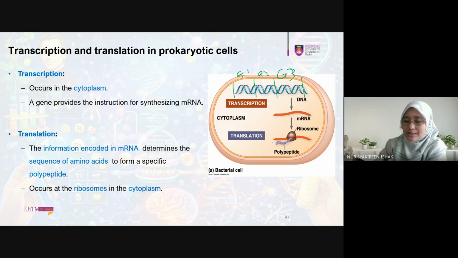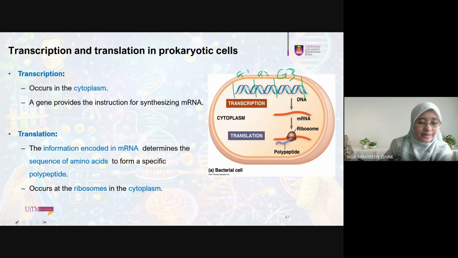The synthesis of the polypeptide chain is through translation. The information encoded in the mRNA determines the sequence of amino acids to form a specific polypeptide. It occurs at the ribosome in the cytoplasm.